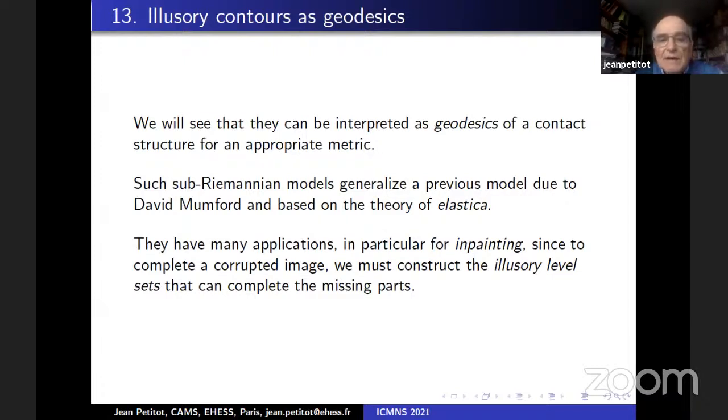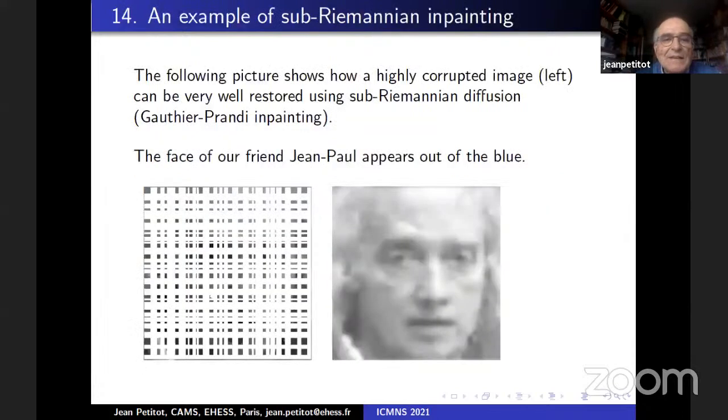And they have many applications, in particular for inpainting, since to complete a corrupted image, we must construct the illusory level sets that can complete the missing parts. And the following picture shows how a highly corrupted image at the left can be very well restored using sub-Riemannian diffusion. It is Gauthier Prandi's inpainting, and the face of our friend Jean-Paul appears out of the blue.